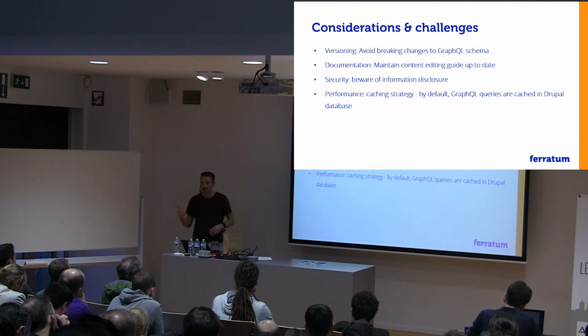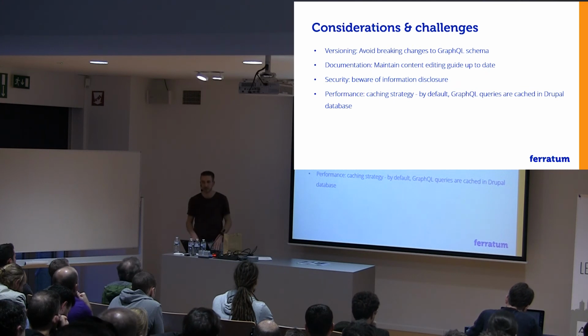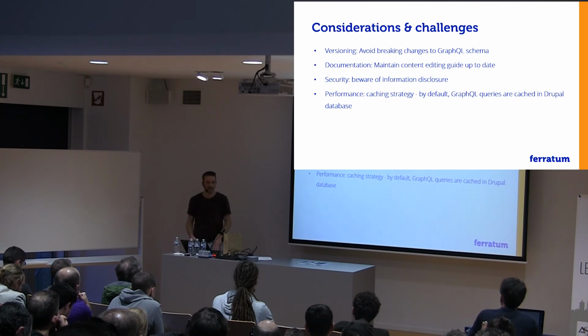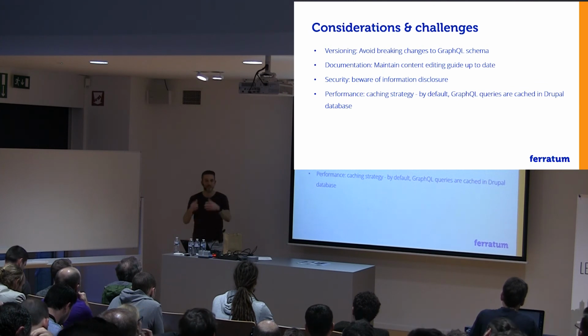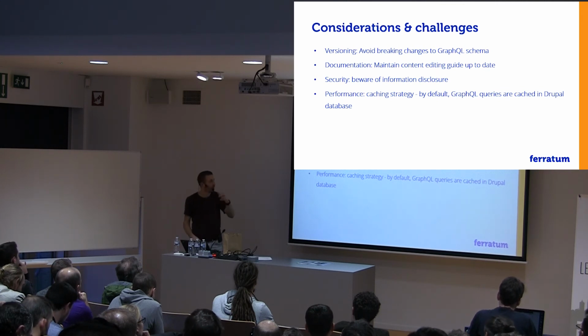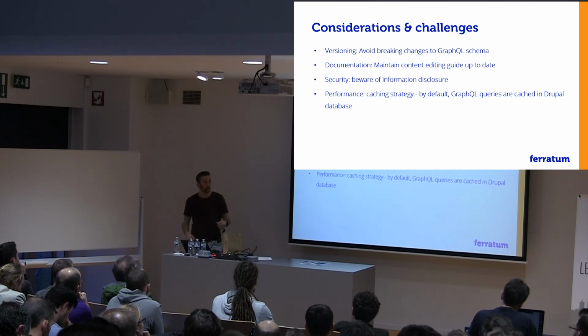You have 50 pizzas, and usually you also have numbers next to those pizzas, so you don't have to try to pronounce the complicated Italian names of the pizzas which you actually cannot pronounce, at least in my case. You just say the number. This is the same thing with persisted queries. You just say the number of the query, number 12, execute this with these parameters, for example node ID is something, I don't know, and the result is returned.